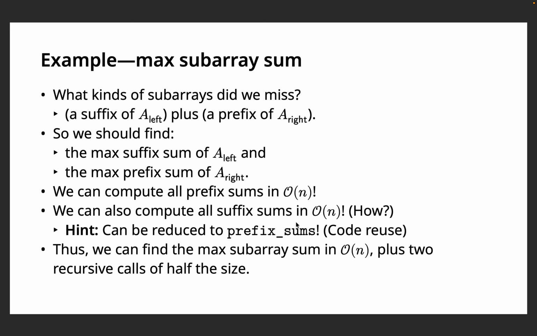Okay, so all in all, if you want the max subarray sum, all you have to do is make 2 recursive calls, which have half the size of the original array, and in order to include the ones that you missed, that also takes O of n.